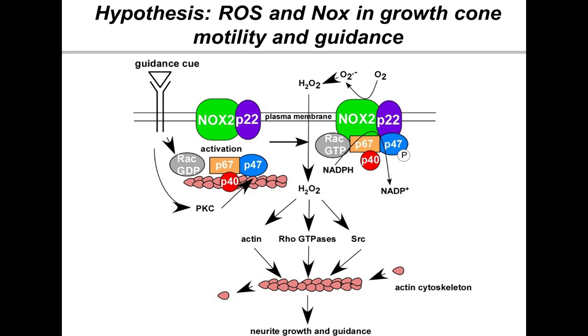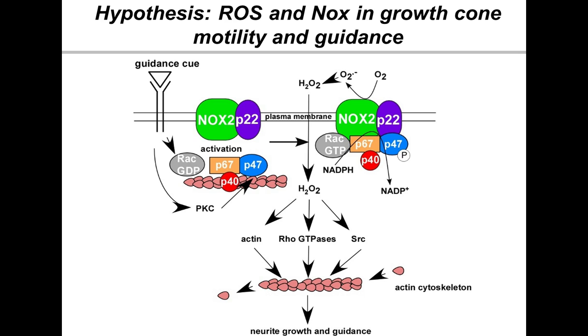This diagram talks about the molecular pathway that we envision for some of these responses. So it starts all with a guidance cue, for example, SLIT2, binding its receptor and starting an initial signaling cascade. This signaling cascade initially then activates the NADPH oxidase, in this case Nox2.